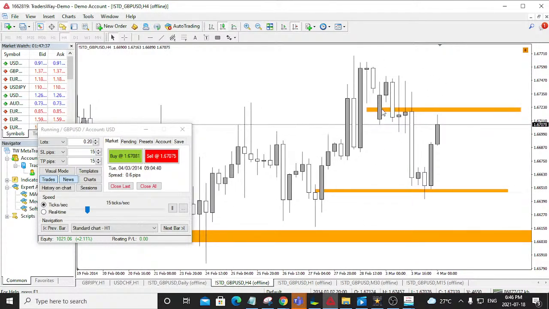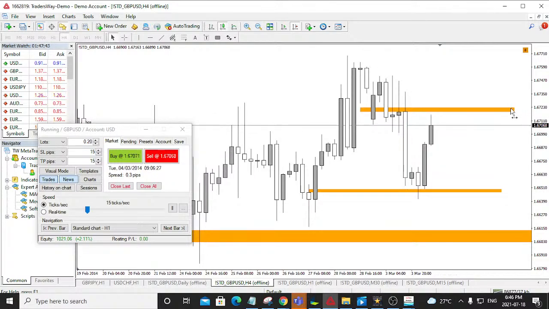because these wicks right here are price telling you that there was a lot of trades made in this area, and price moved so fast that it didn't get time to close here, and so price came down and closed here. When it moves a bit slower, it has time to close, but if there's a lot of volume in the market, it doesn't have time to close.